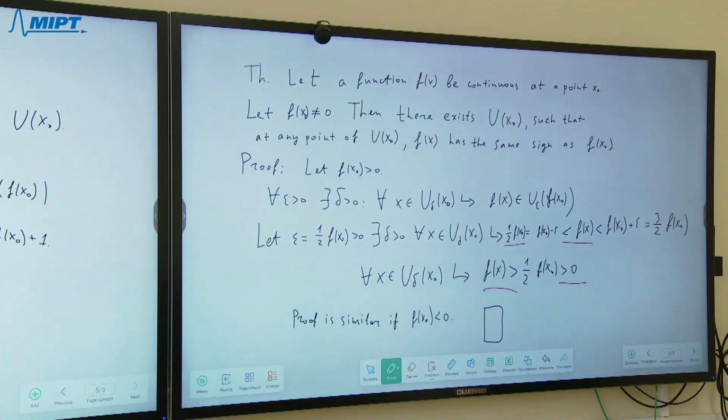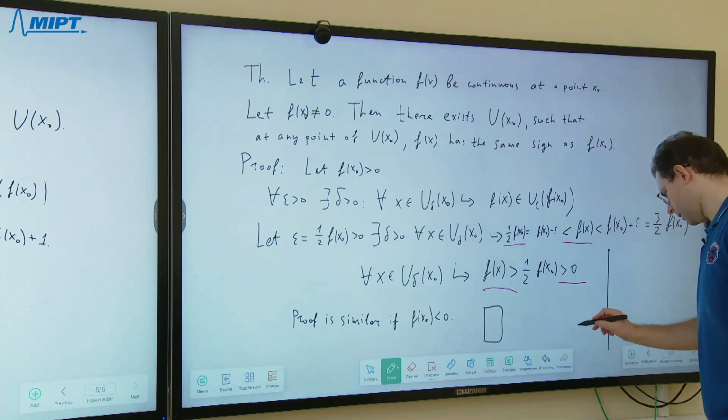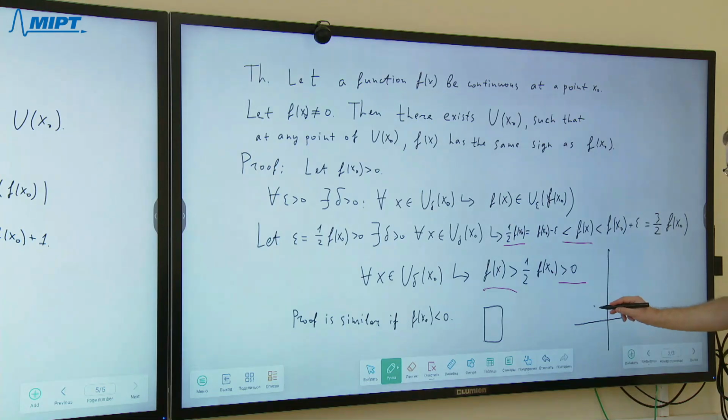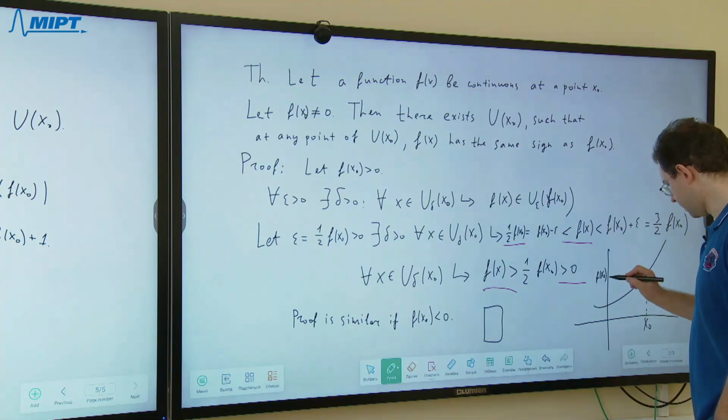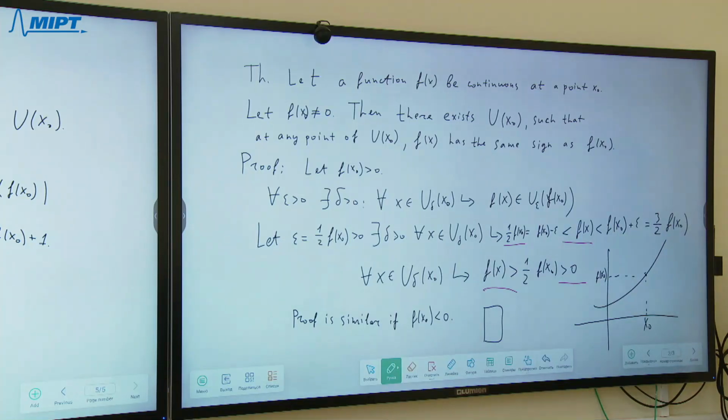Maybe I can draw a picture. I think it would work here nice enough. So, suppose this is my function. This is point x0, and my function is continuous at this point. This point is f of x0. This is a positive number.